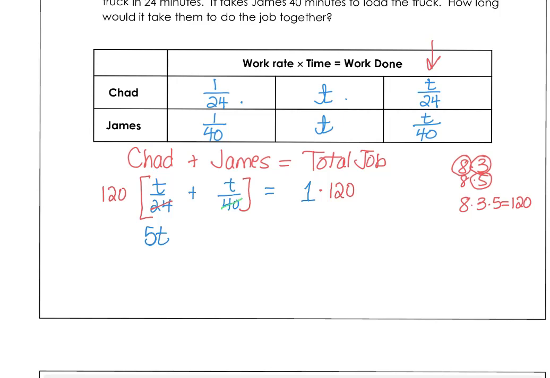And then 40 goes into 120 3 times. 1 times 120 is 120. So 8t is 120, and t is 15 minutes. So together they work 15 minutes.